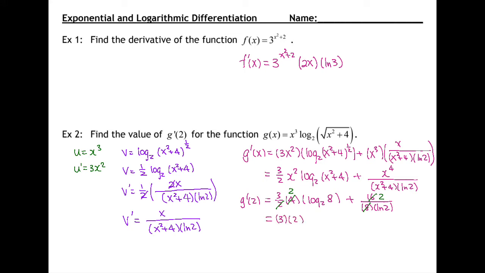Log base 2 of a means 2 to the exponent something equals a. The exponent is 3, so that will become a 3. So our final answer will be 18 plus 2 over ln 2.